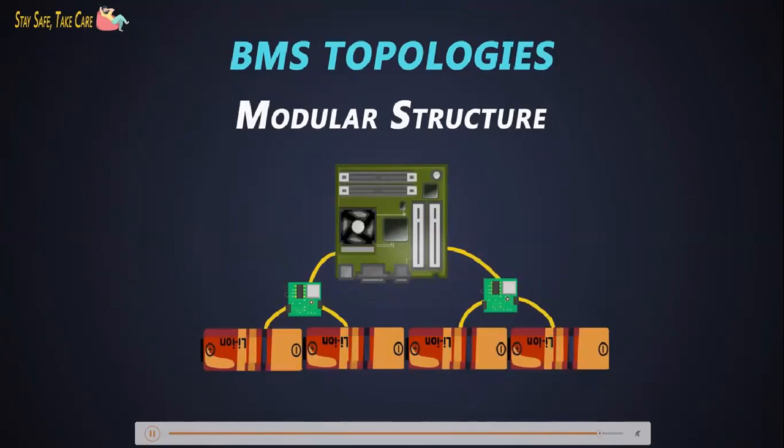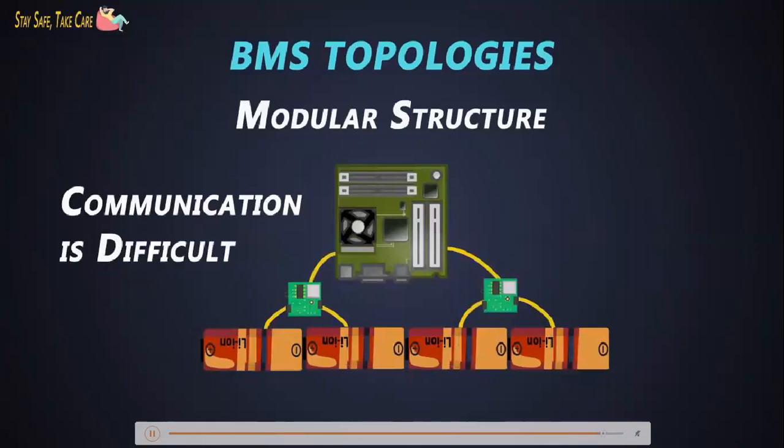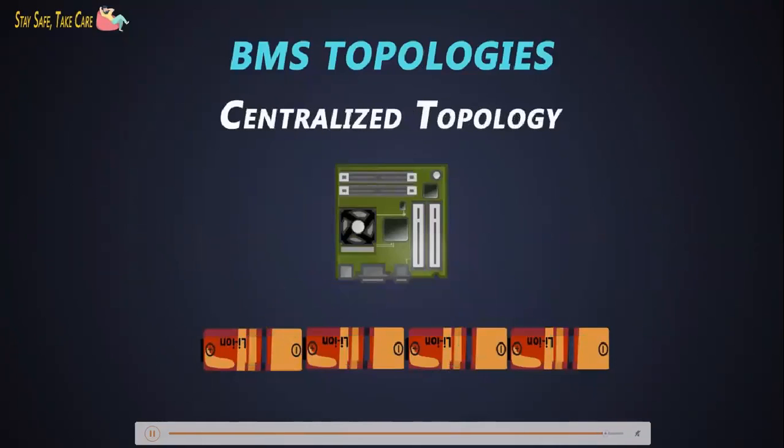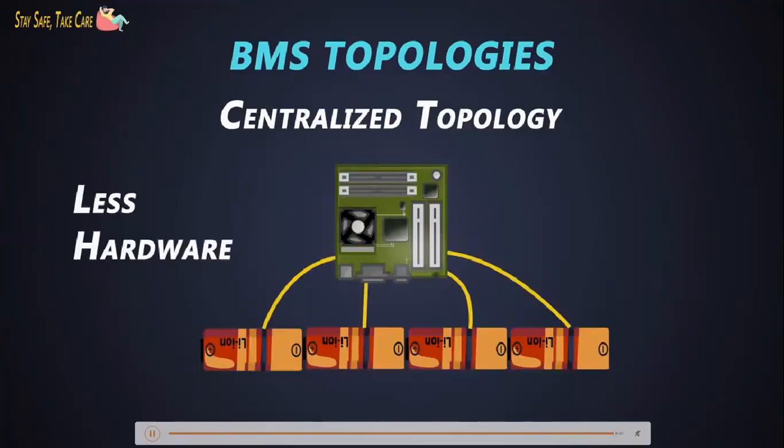Next is the modular structure. In this, multiple slave controllers are used to take the data and forward it to the master controller, so no special PCBs are necessary. And next comes the centralized topology, where a master unit is directly connected to each cell of the battery pack, and the controller unit protects and balances all the cells.